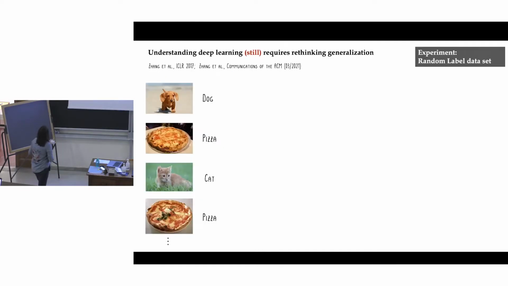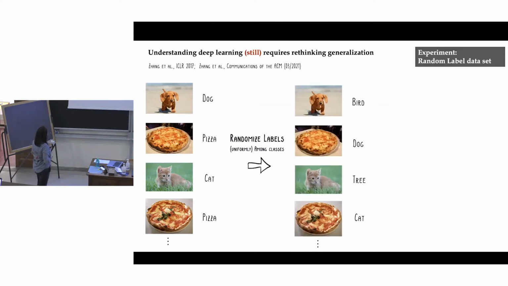Okay, so let's do an experiment. Maybe experimentalists will say this is not an experiment, but we really call this an experiment. So what I'm doing here, I take a data set with proper labels. And what I'm going to do is completely randomize the labels, right? Pizza and dog, they share a lot of features, but now pizza is dog and pizza is cat.